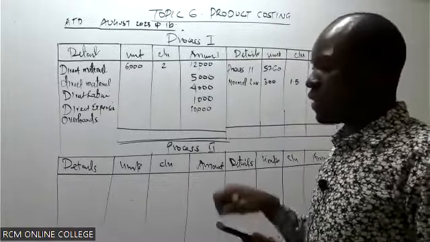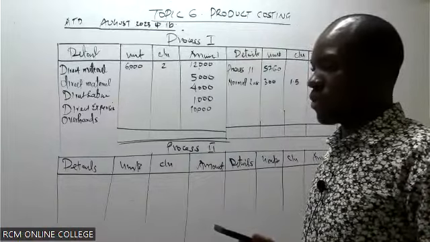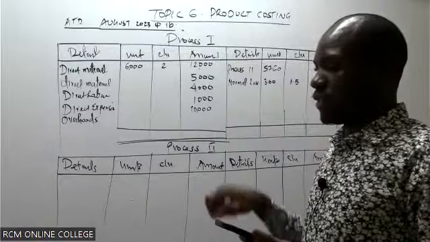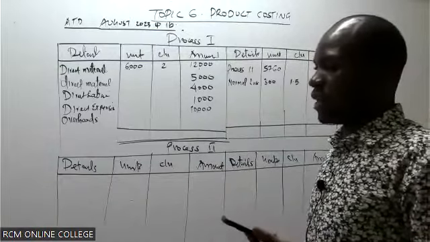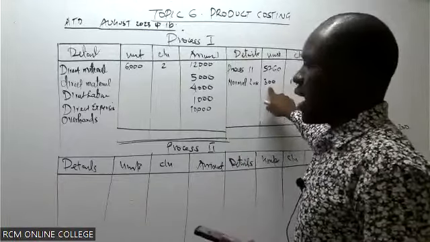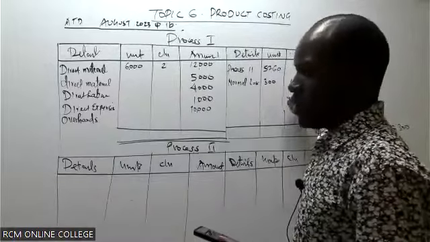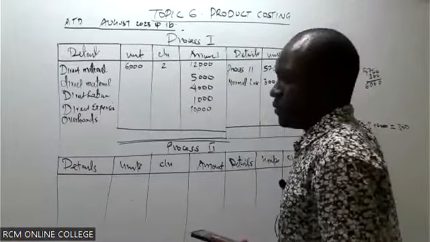Florence, what is 5% of 6,000? What do you get? 300, yes. And the scrap value per unit of the normal loss is 1.5. If you multiply, you are getting 450.